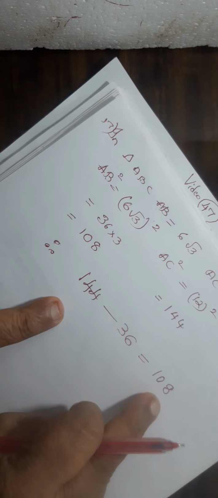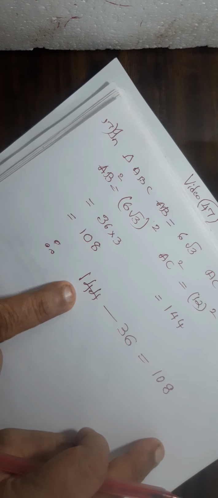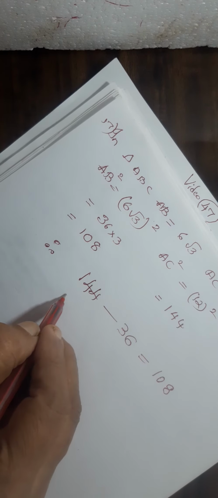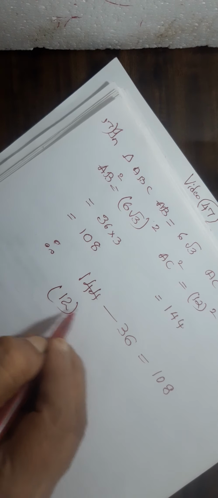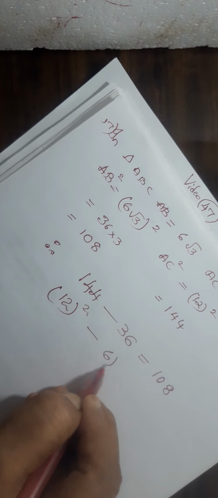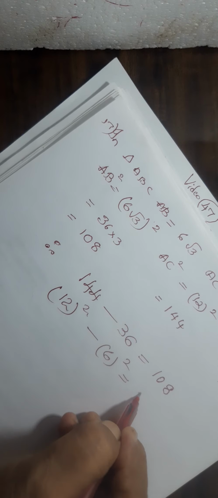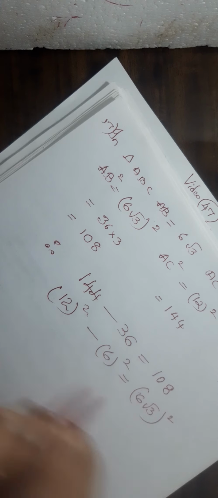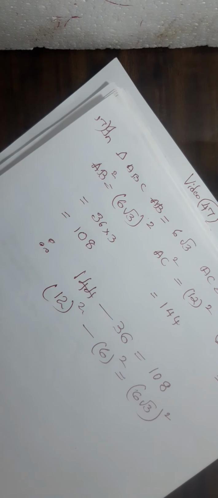See, 14 minus 6 is 8, and 3 minus 3 is 0, so 108. Or in other words, 144, which is 12 the whole squared, minus 6 the whole squared, is equal to 6 root 3 the whole squared.